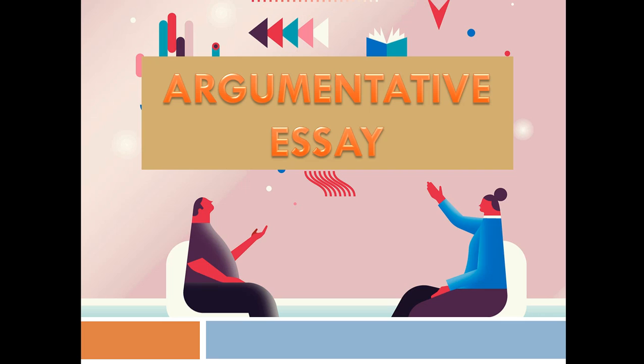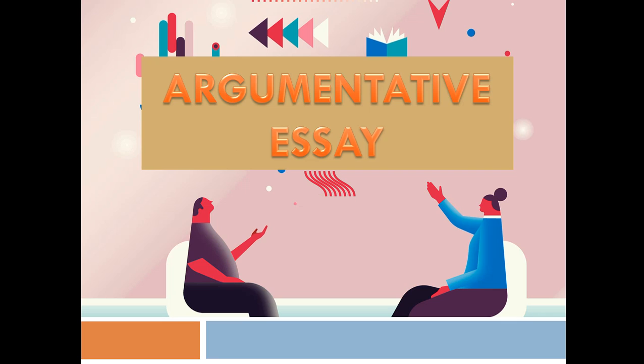So this is an argument. So an argumentative essay, what does it do? It helps introduce the reader to different points of view. Okay, and it gives examples on those 2 points.